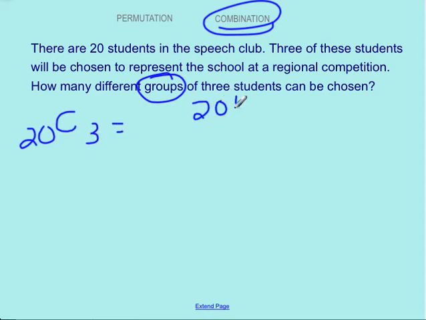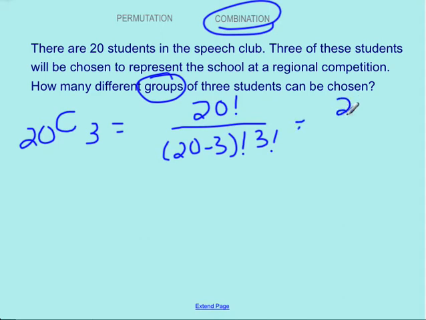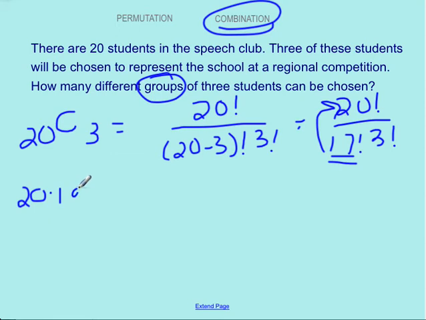So we have 20 factorial divided by 20 minus 3 factorial times 3 factorial. So then I get 20 factorial divided by 17 factorial times 3 factorial. 17 is my largest factorial, so everything from 17 on down in that factorial is taken care of. That leaves me with 20 times 19 times 18, and then I can get rid of that 17 factorial.